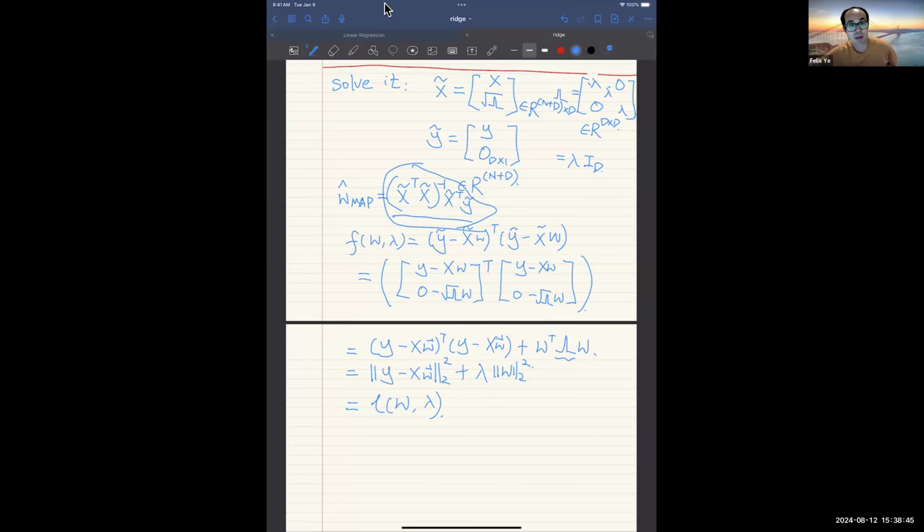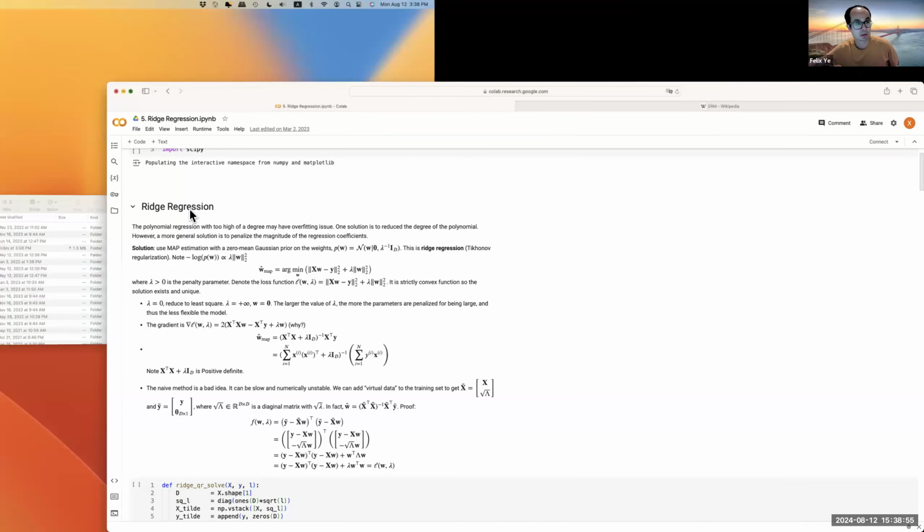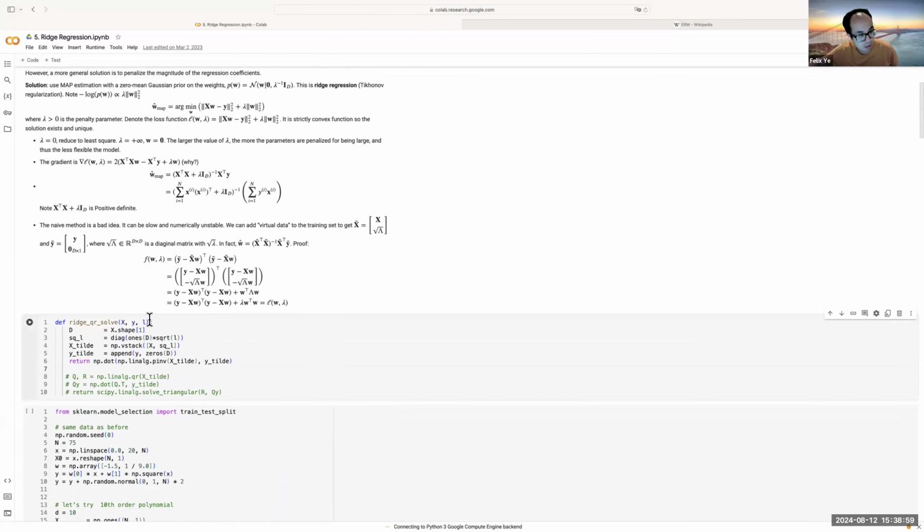So that's good. I'm going to show you how we actually implement that. It's important. This is just a couple of lines of code right here. The key here is we're using the pseudo-inverse. We can use the QR solver if we need to. That's quite straightforward.